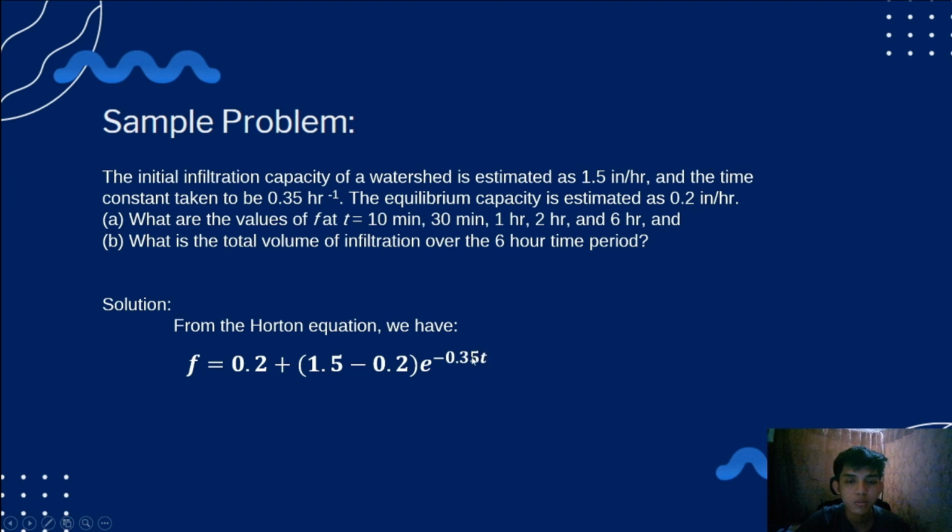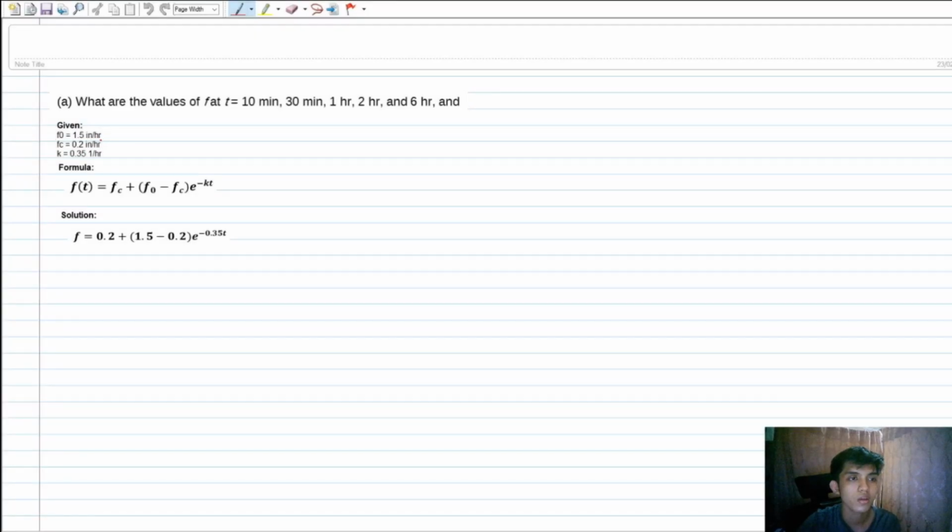So we will now substitute all of the given times to t to get the value of f for each time given. We already have the givens here: f naught is equal to 1.5 inch per hour, f sub c is equal to 0.2 inch per hour, and k is equal to 0.35 1 over hour.